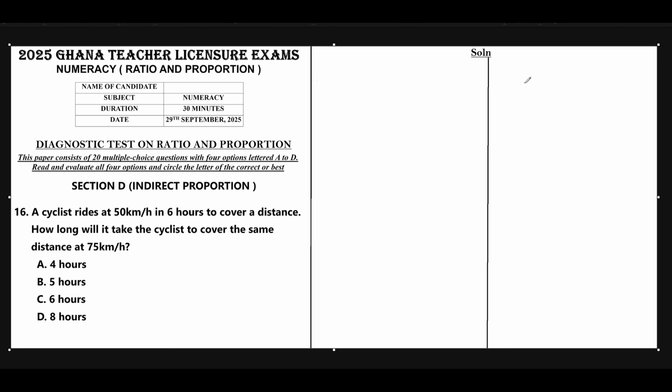So let's say we have two different quantities, A and then let's say B. With an indirect proportion, this is how they relate.